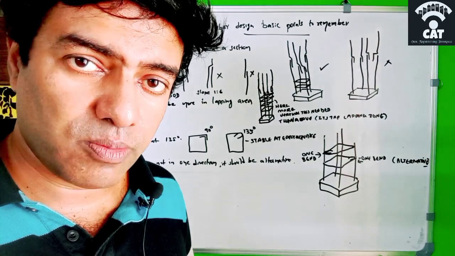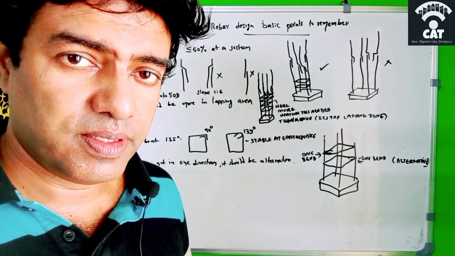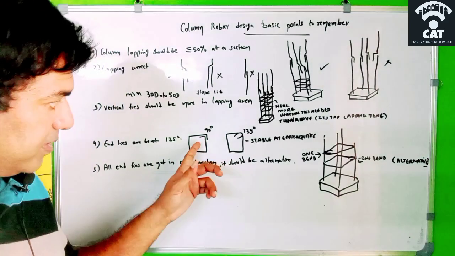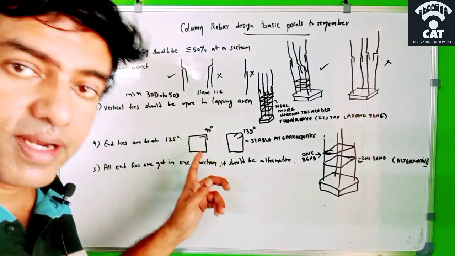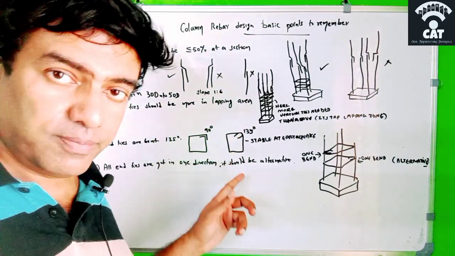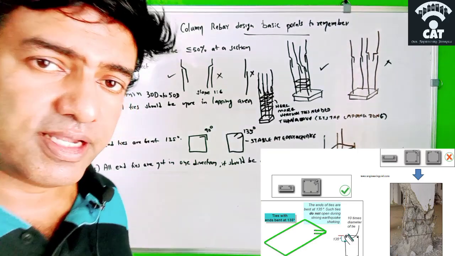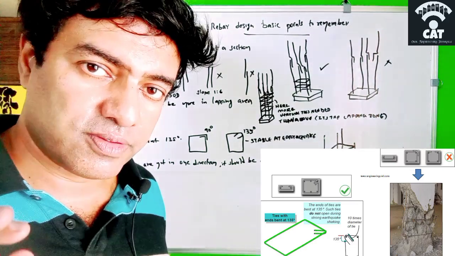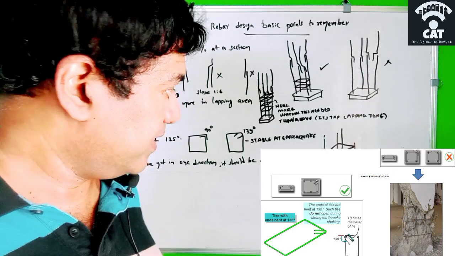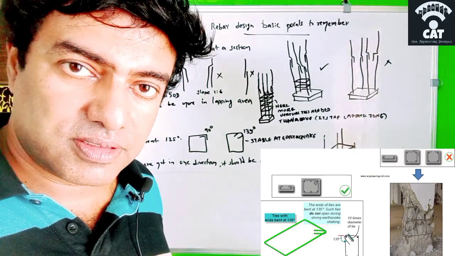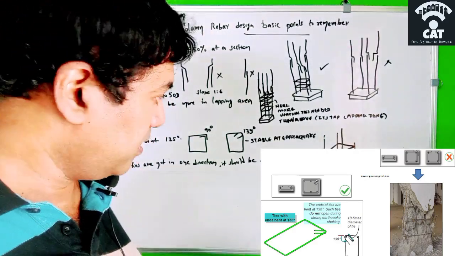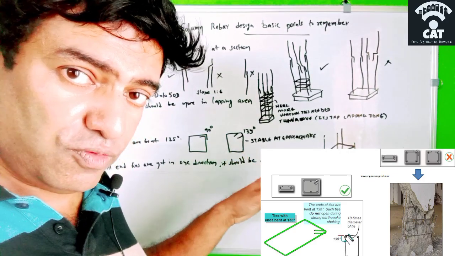Regarding the vertical ties in columns and also the stirrups in beams, we know the bending angle here should never be 90 degrees. It should be 135 degrees. But at some sites where the engineer is not supervising well, we can see the workers, for their convenience, making use of 90 degrees instead of 135 degrees.